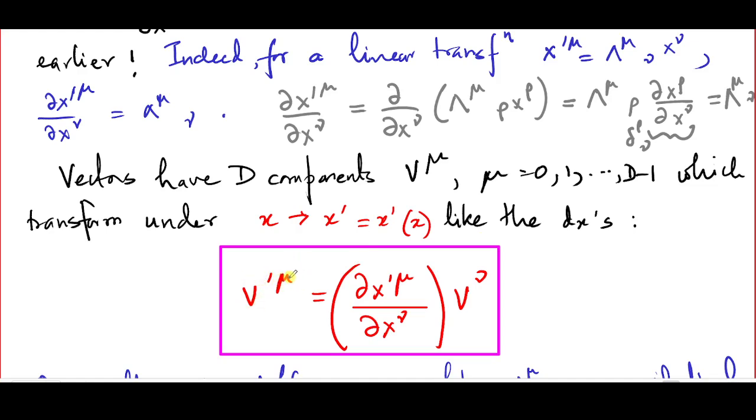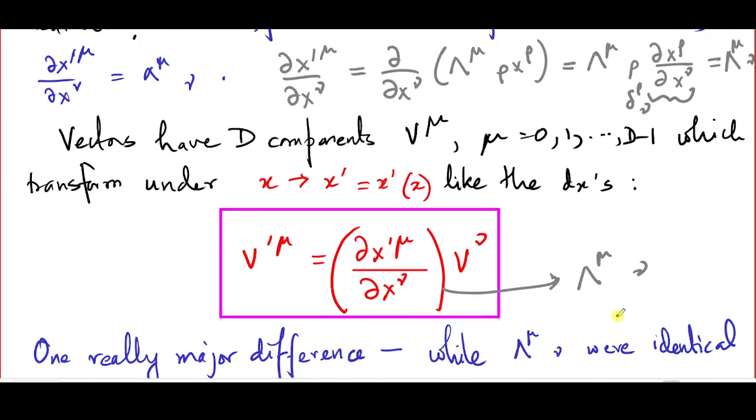You have v prime mu on this side, so the prime and the mu, more importantly, is upstairs, so you will have del x prime mu above here, and the other index will have to be a dummy index, and since this nu is upstairs, the nu on this coefficient should be downstairs. Now a nu in the quote-unquote denominator of a derivative also counts as a downstairs index. So this is what we have already said, that this is akin to lambda mu nu.